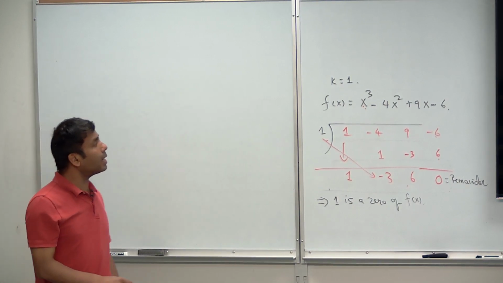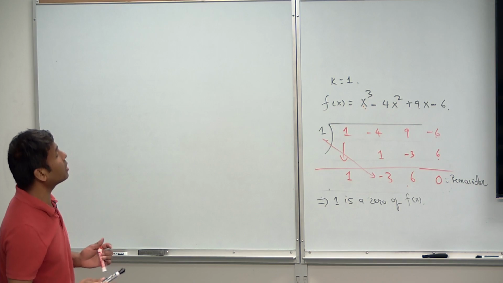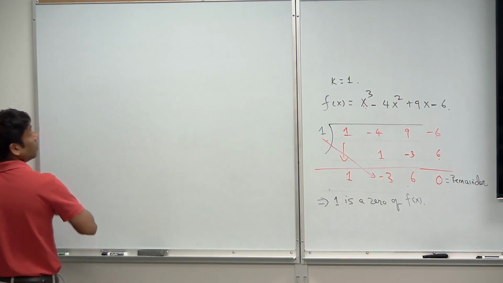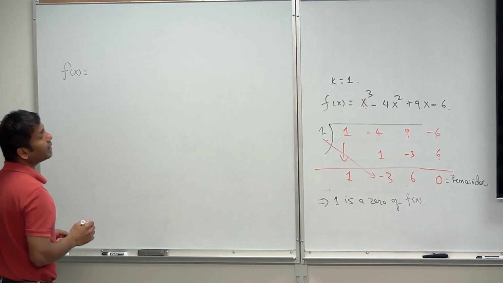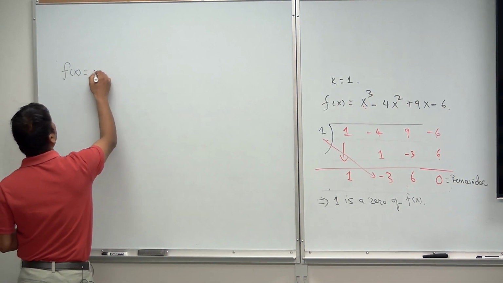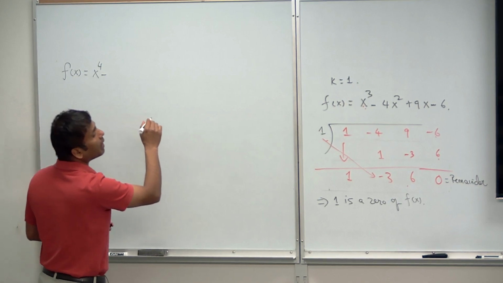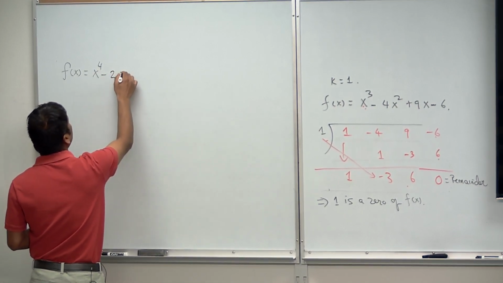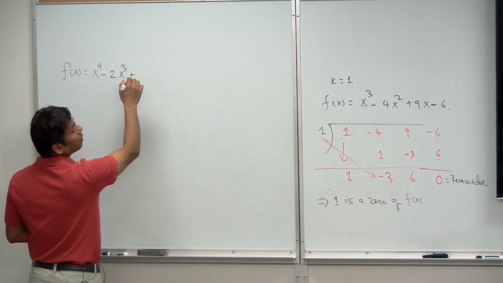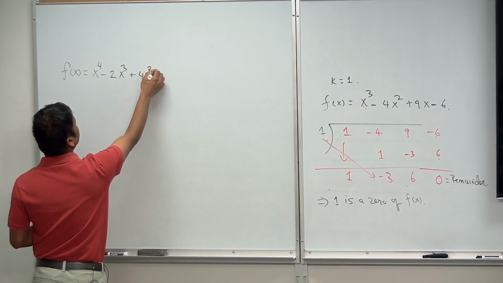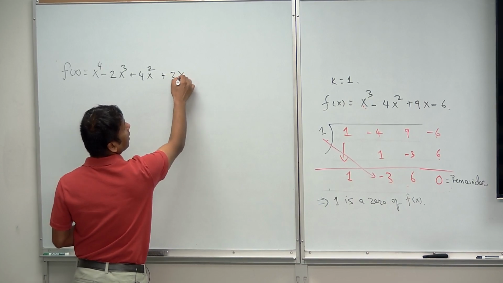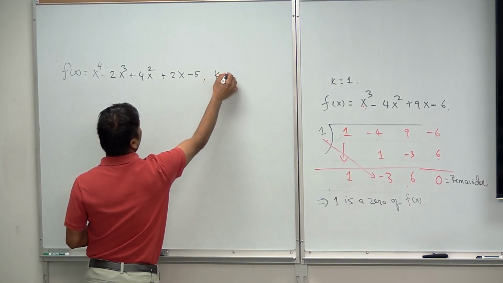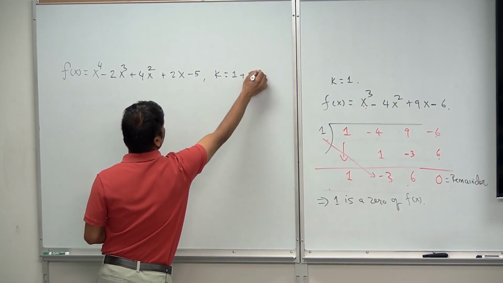Decide whether the given number k is a 0 of f(x). So your f(x) is x to the power 4 minus 2x cubed plus 4x squared plus 2x minus 5, is that right? And your k is 1 plus 2i.